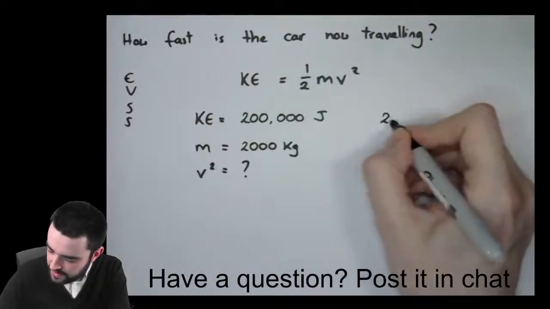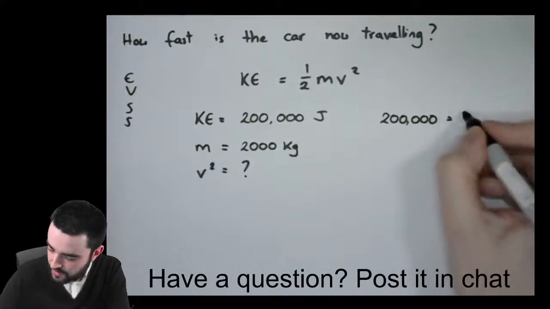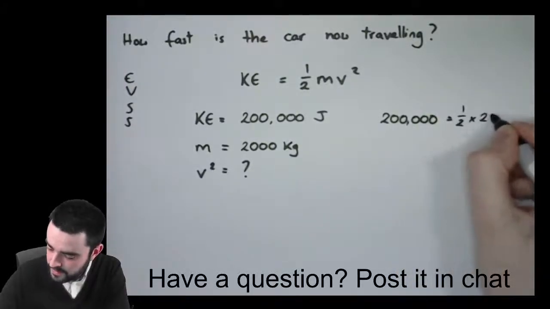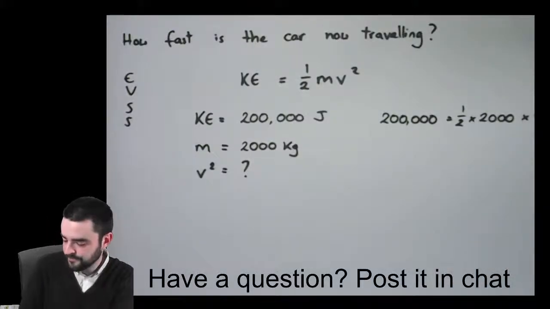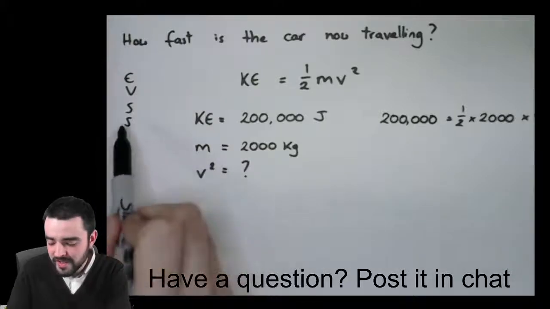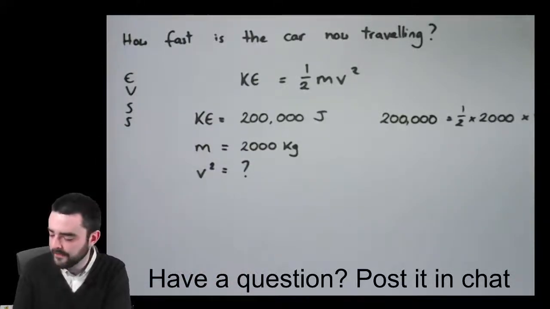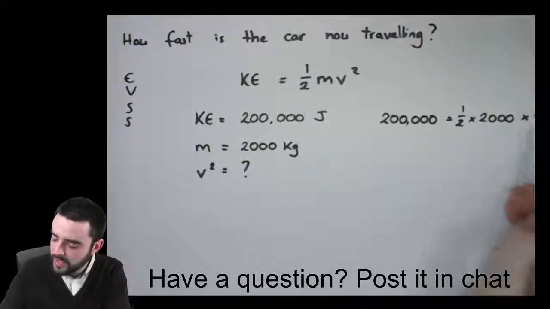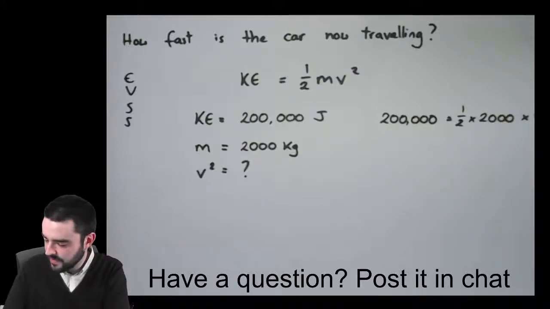So we can say that 200,000 is equal to a half times 2,000 times v squared. Now I could slip another S into EVs, and I'd call that simplify, because now I've got one unknown.